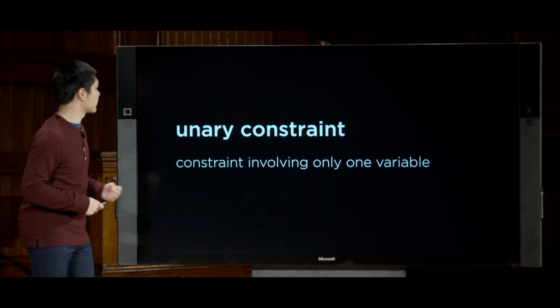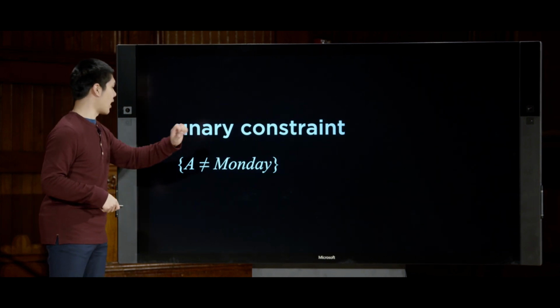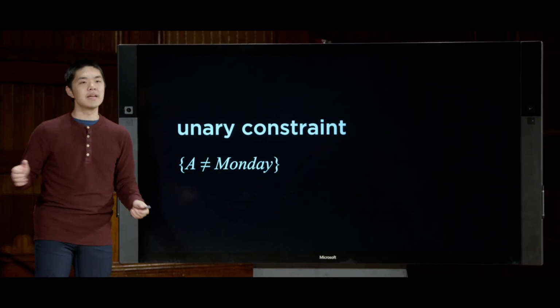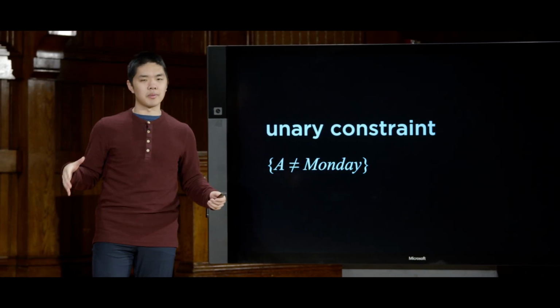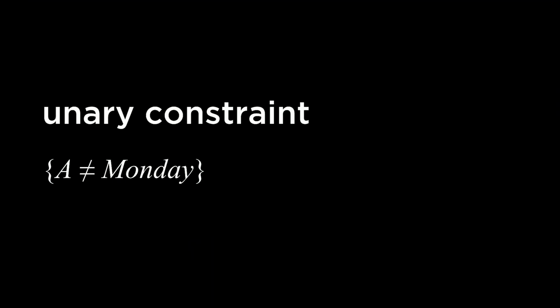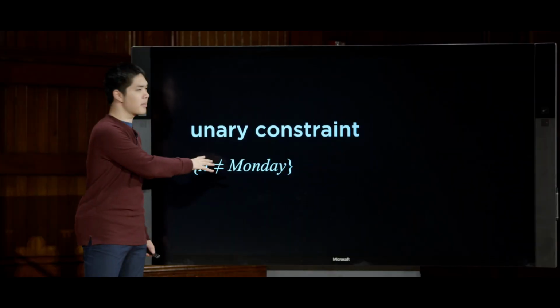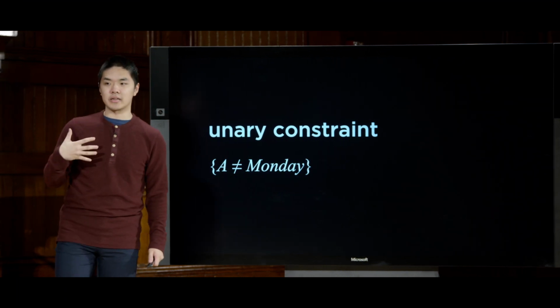For example, a unary constraint might be something like A does not equal Monday, meaning course A cannot have its exam on Monday. If for some reason the instructor for the course isn't available on Monday, you might have a constraint in your problem that looks like this, something that just has a single variable A in it, and maybe says A is not equal to Monday, or A is equal to something, or in the case of numbers, greater than or less than something. A constraint that just has one variable we consider to be a unary constraint.